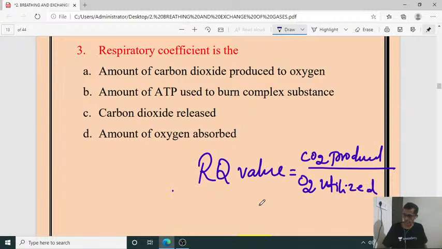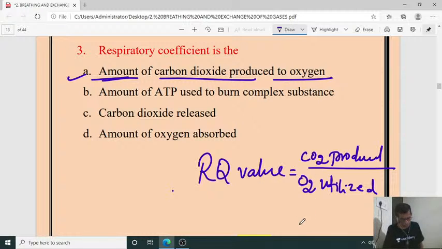So that is what we call the respiratory coefficient. The RQ value is different from one type of biomolecule to another. RQ value of carbohydrate is 1, and there are RQ values of protein and lipid. So it is different from biomolecule to biomolecule, isn't it? So the right answer for the third question is A, the ratio of carbon dioxide to oxygen.